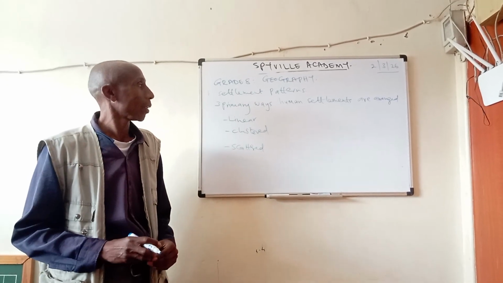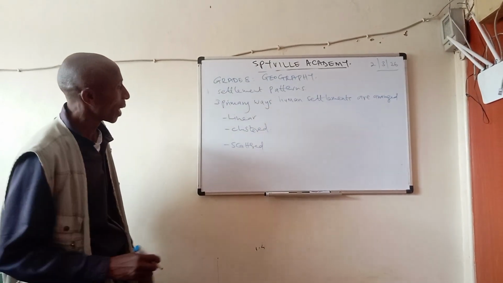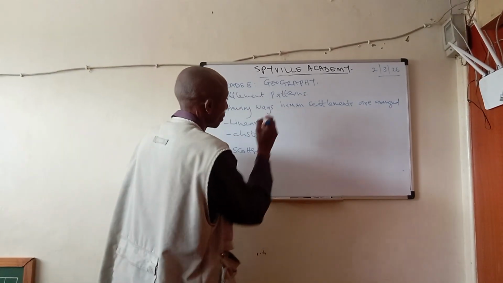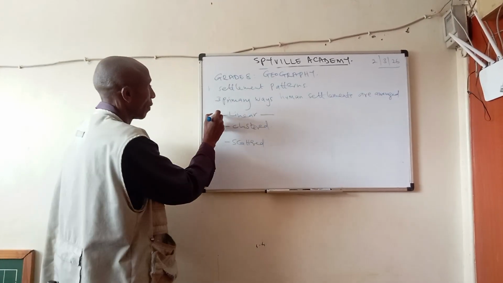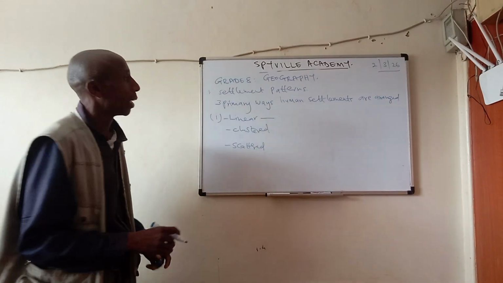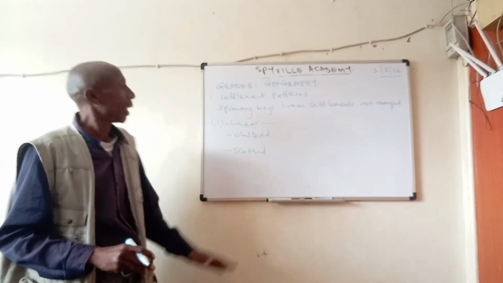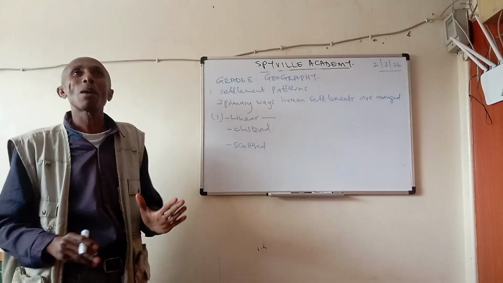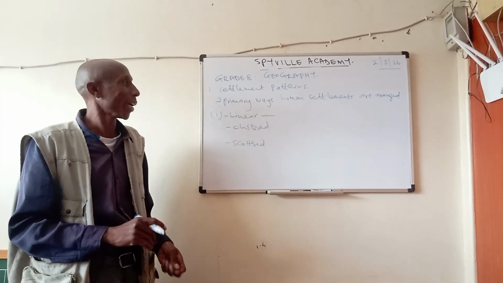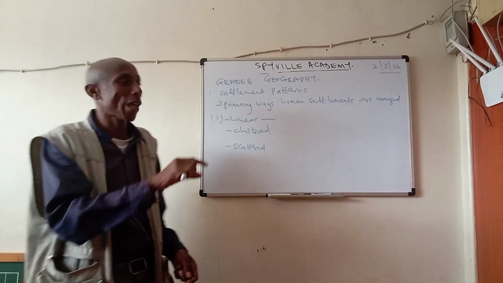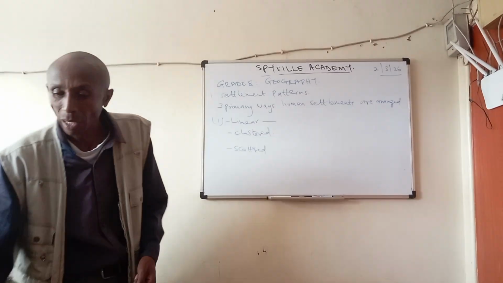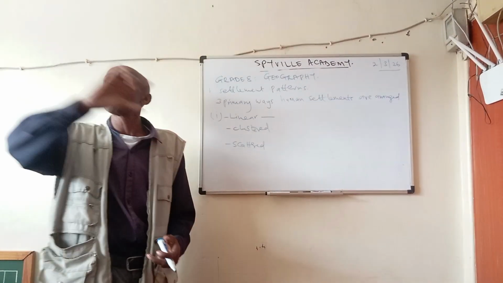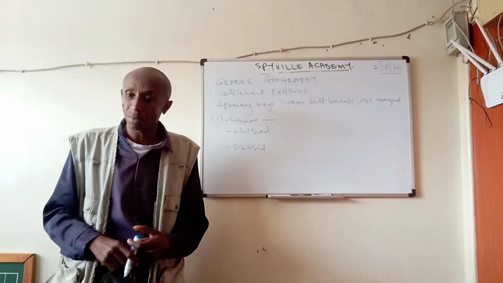One, it can be a linear way. That is the very first kind of settlement pattern. The name linear comes from the word line. It's whereby the settlement or the houses are arranged along a given route, like a transportation route.